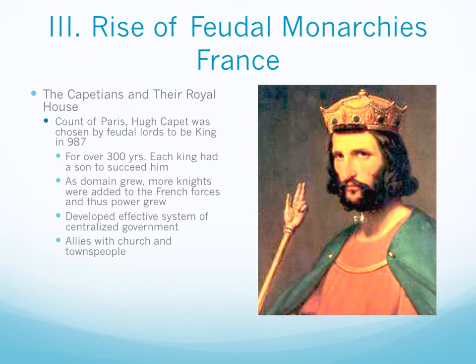And as their domain grows, there's more knights because there's more vassals that are added to the French forces, and so their power grows, and kind of the nation of France becomes much stronger. They develop a centralized government, and they ally themselves with the Roman Catholic Church and the townspeople.